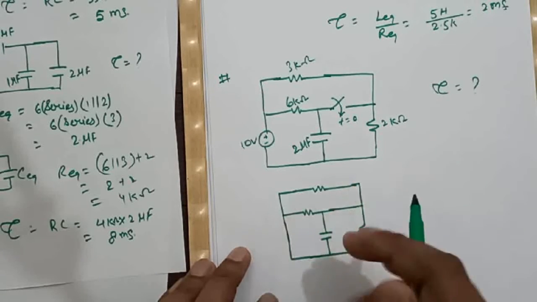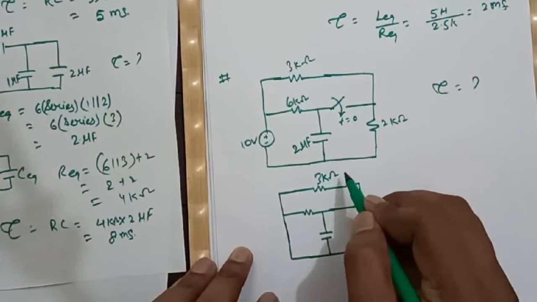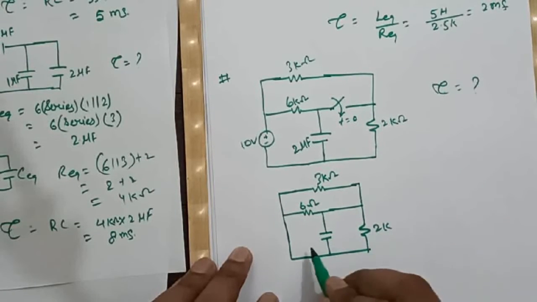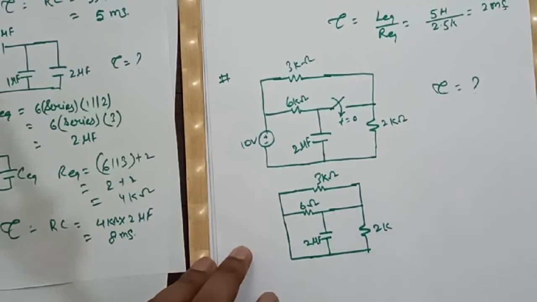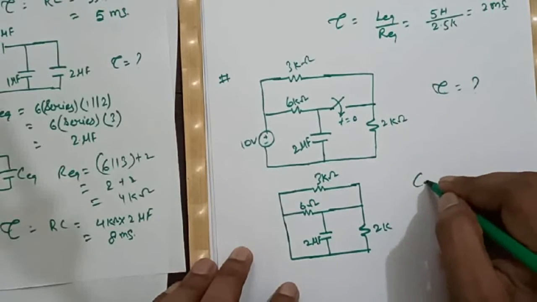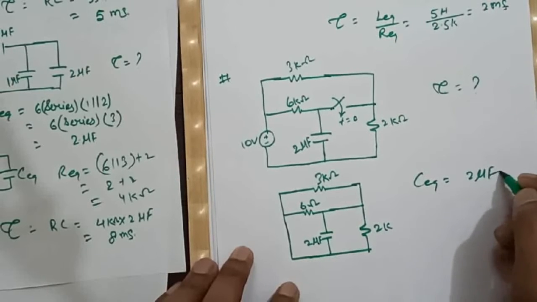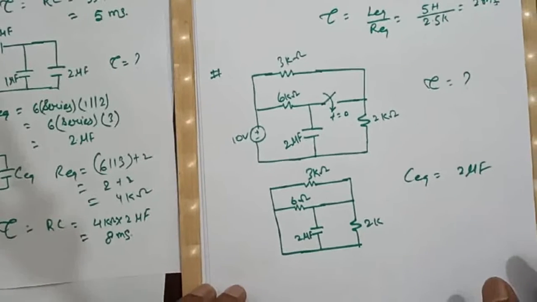So this will be the circuit. This is 2K, this is 2 microfarad. Now C equivalent is what? Here it is clear. C equivalent is nothing but 2 microfarad.